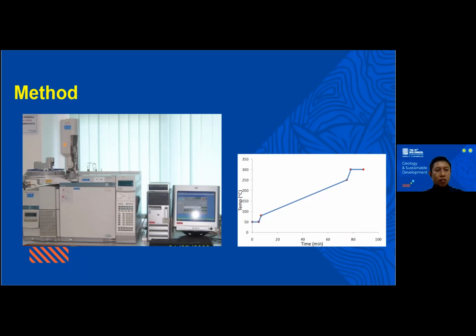The GC oven was programmed from 50 degrees Celsius, held for 5 minutes, and rising to 80 degrees Celsius at 15 degrees Celsius per minute, then rising again to 200 degrees Celsius at 2.5 degrees Celsius per minute, and finally to 300 degrees Celsius at 15 degrees Celsius per minute, and held for 10 minutes. Helium was used as the carrier gas at a constant flow rate of 1.5 milliliters per minute.